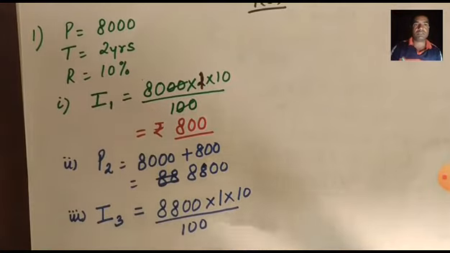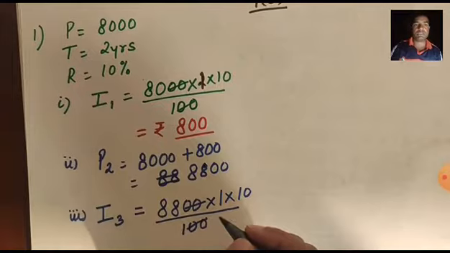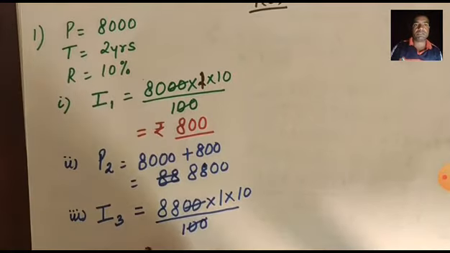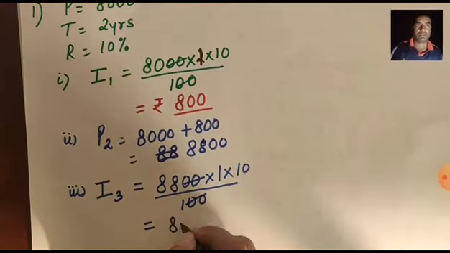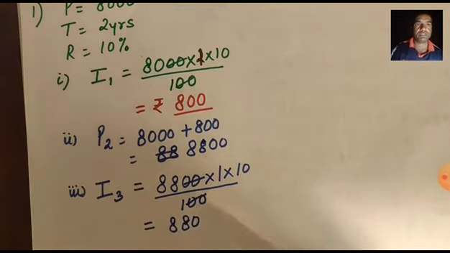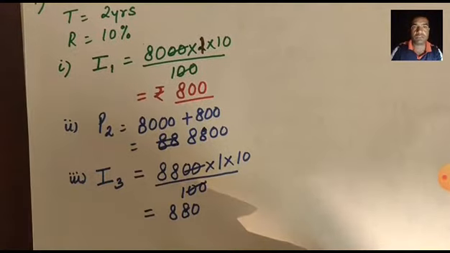The two zeros will get cancelled. What remains is 88 into 1 into 10, which will be 880. So this is the interest for the second year.